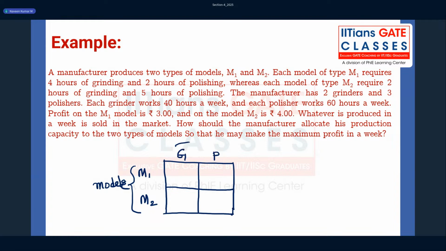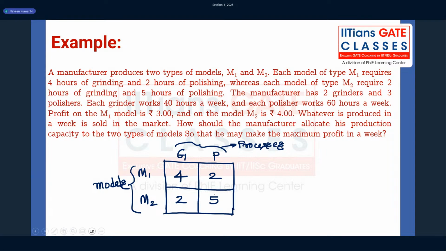So these are your processes, right? Now they're saying what? 4 hours of grinding and 2 hours of polishing for model M1. 4 hours of grinding and 2 hours of polishing. For model M2, 2 hours of grinding and 5 hours of polishing.